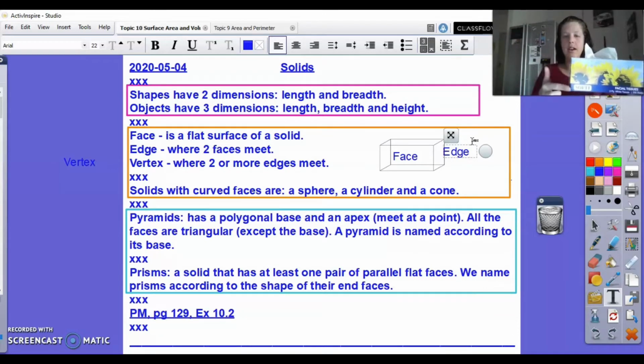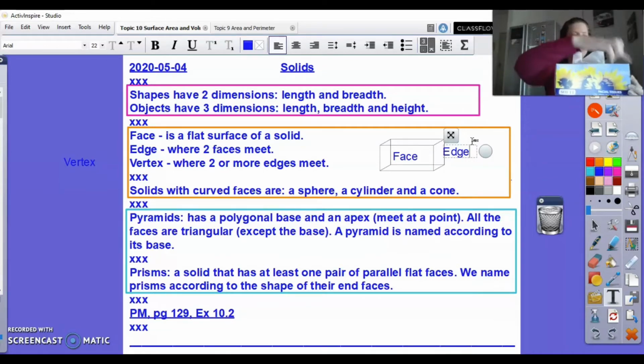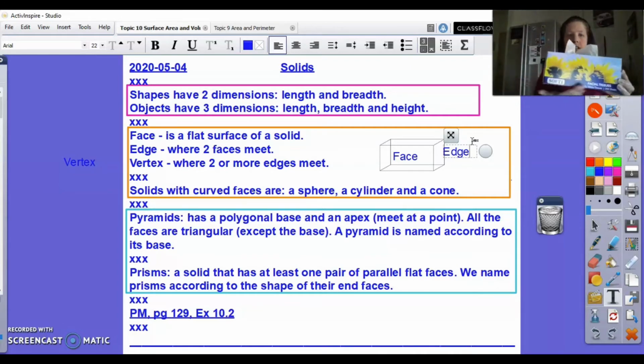So I've got 1, 2, 3, 4, 5, 6, 7, 8 underneath, 9, 10, 11, 12 edges. Okay? So where 2 or more faces meet.